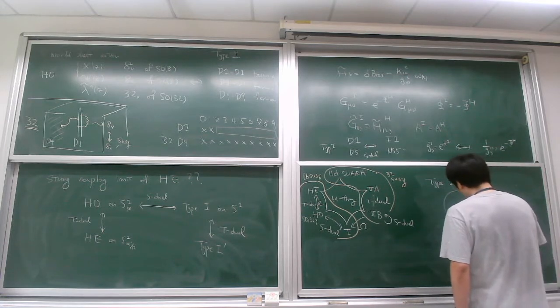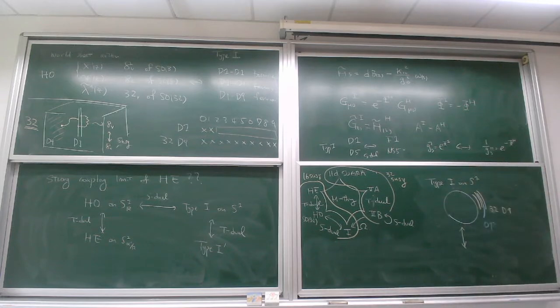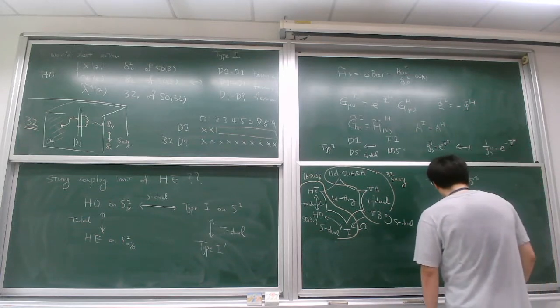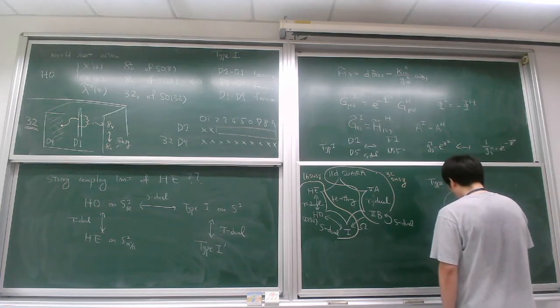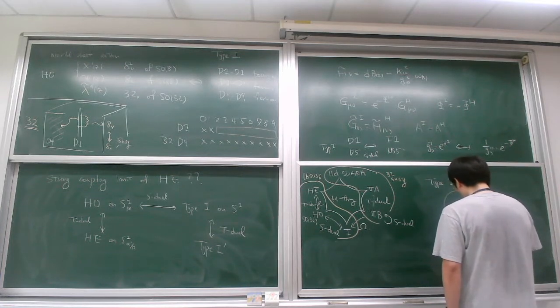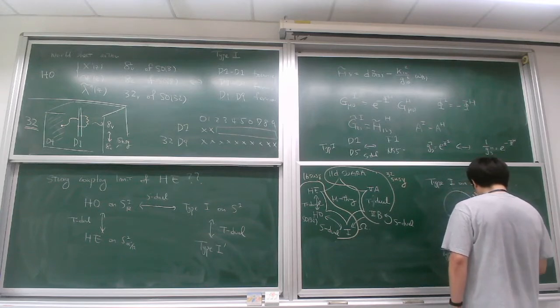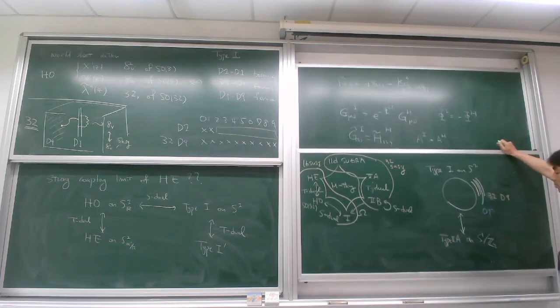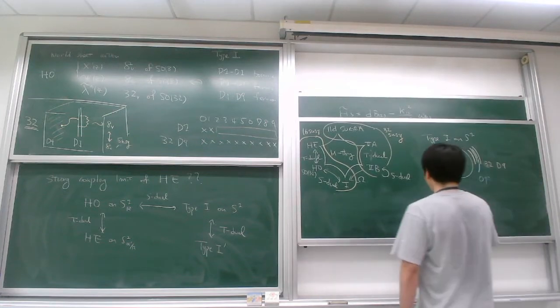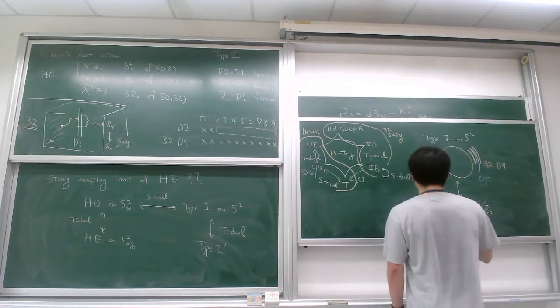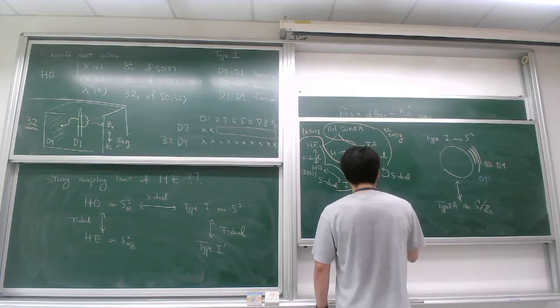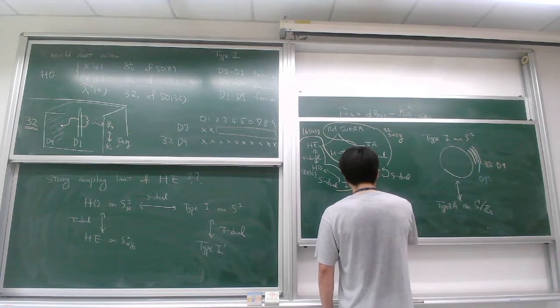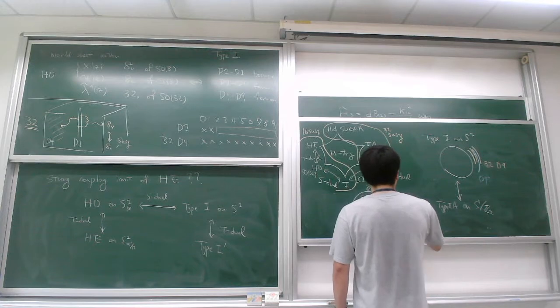And if you take the T-dual of this one, you have instead type 2A on S1 mod Z2. S1 mod Z2 is essentially an orbifold projection by Z2 action like this, so that you have a segment.